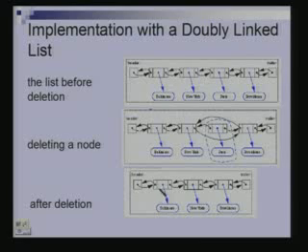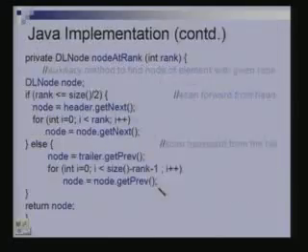You cannot use that pointer to update the next or the previous fields, and you don't even know how this node is implemented. Whether the implementer has used a doubly linked list or a singly linked list or a circular list, you don't need to know any of that. It's an abstract data type which hides all of these details, and you can only use the method element on the abstract data type position.